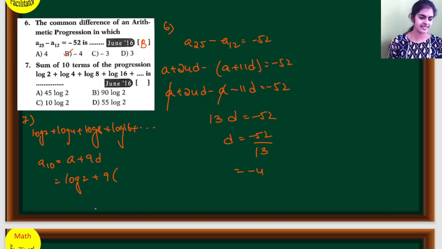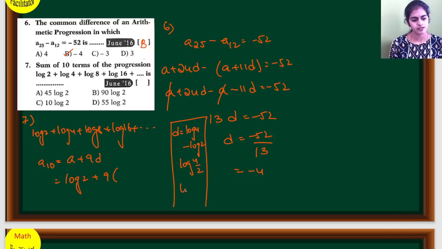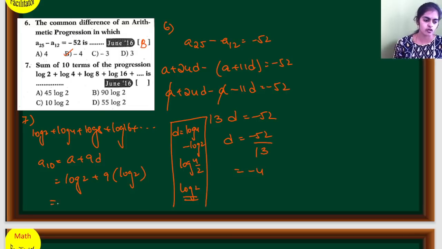Common difference is nothing but log 4 minus log 2. So it is like log a minus log b, so you can write log a by b. So common difference is log 2. So log 2 plus 9 log 2 is 10 log 2, or you can also write it as log 2 power 10.